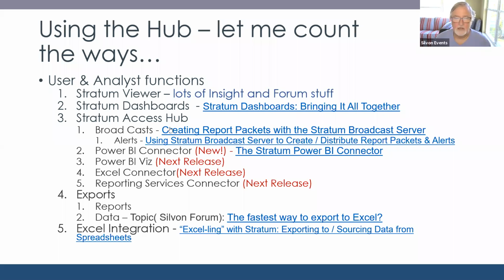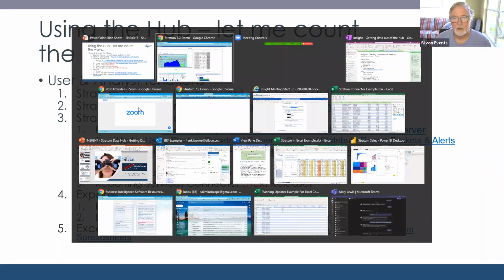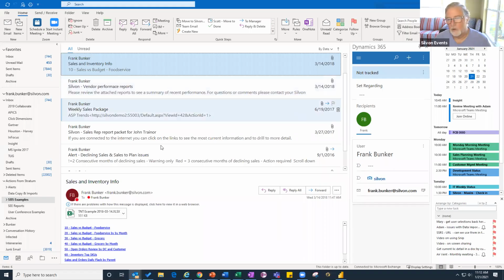So when we talk about broadcasting, that's pretty straightforward. Again, you can send reports out in Stratum, and typically you broadcast them to someone via email. You can also broadcast reports out to your network if you want to use that data in another function or another application where you want to pick up data from Stratum, knowing that Stratum is updated on a regular, systematic basis.